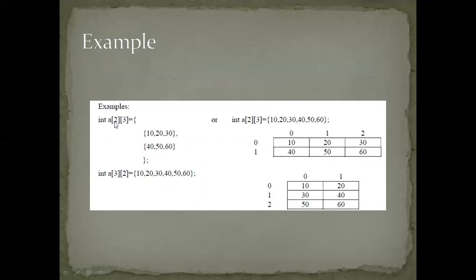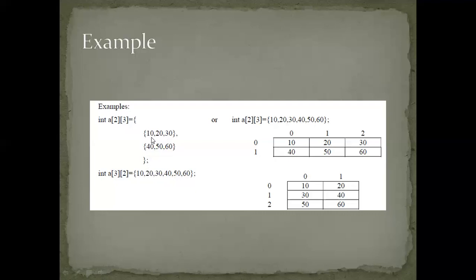By looking at this we can tell the size of the row and the size of the column. What is the size of the row? That is 2, meaning 2 rows are there. 3 means 3 columns are there. In this we have entered the values.